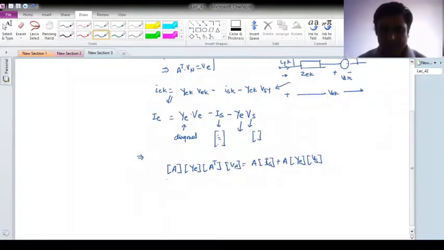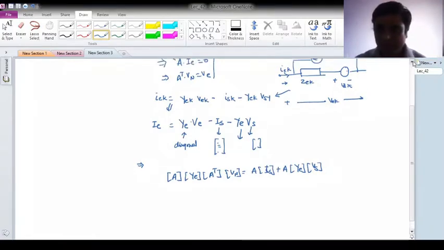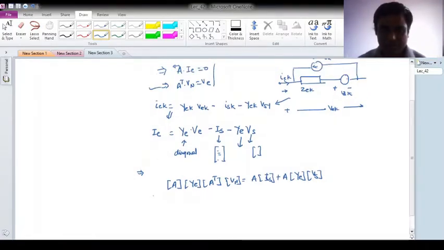By pre-multiplying, we have used these two equations and derived this, and from that I can obtain the node voltage. This resultant matrix, let me call it capital Y matrix, and the name of this matrix will be the node admittance matrix.